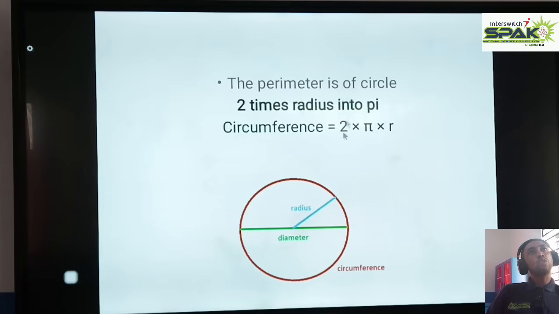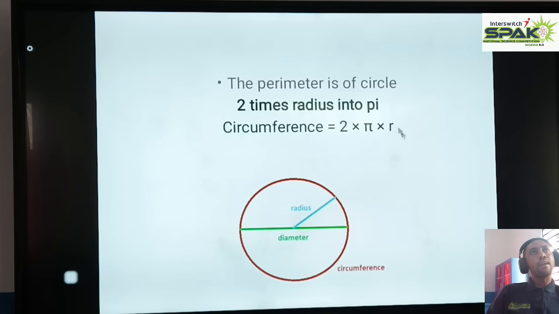So let's look at the perimeter. The perimeter of a circle is also known as the circumference of a circle. That's the distance round the circle, and it can be solved using this formula: 2 times radius times pi. So to find the circumference of a circle, you have 2 pi r.